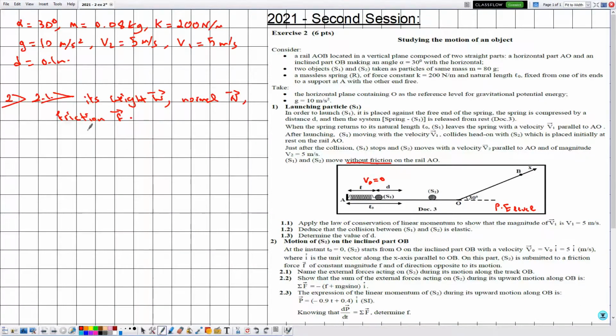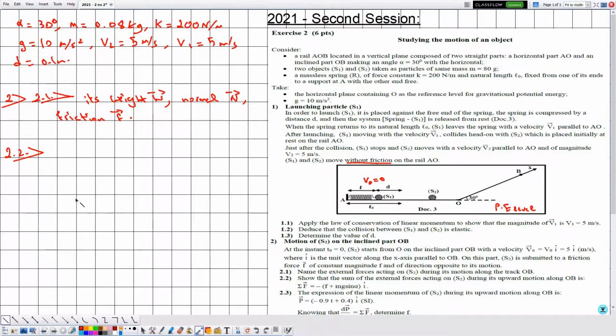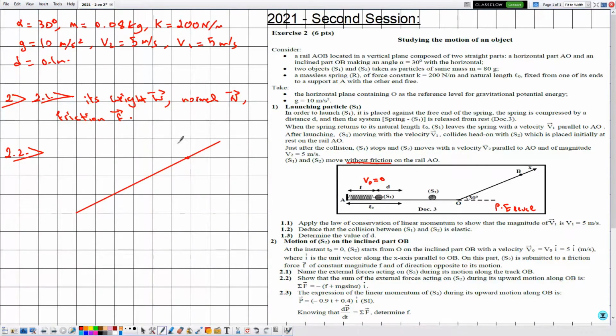Now let me draw again the figure and represent these forces, because for sure we need to project the forces. So let me say that this is OB. This is x, described by the unit vector i. And this is S2. This is the angle alpha, and this is the horizontal.